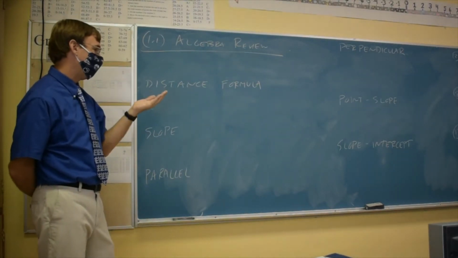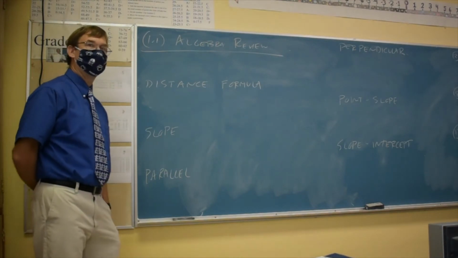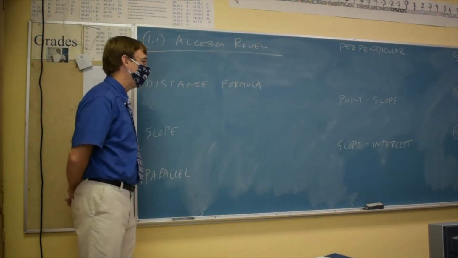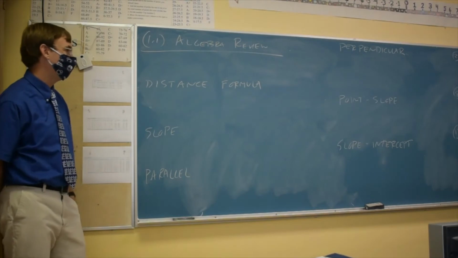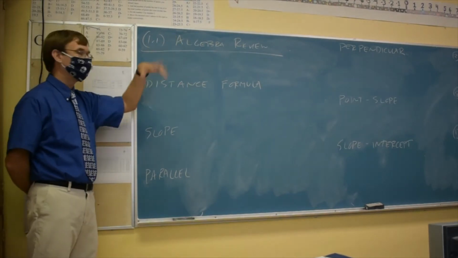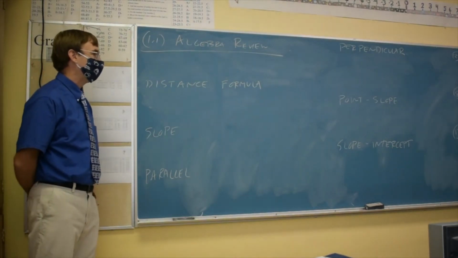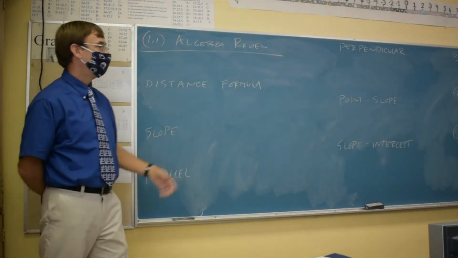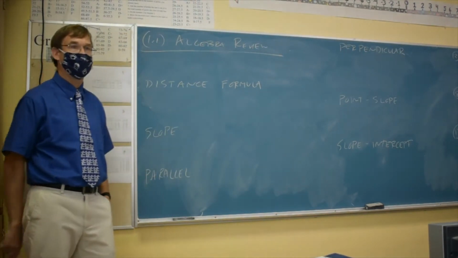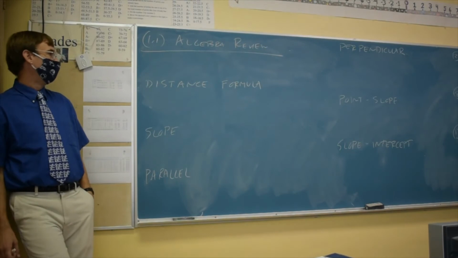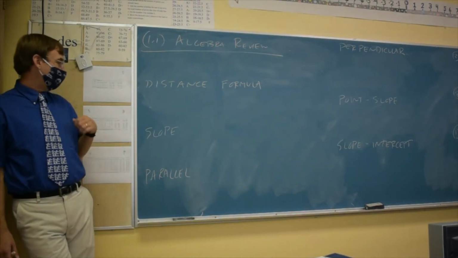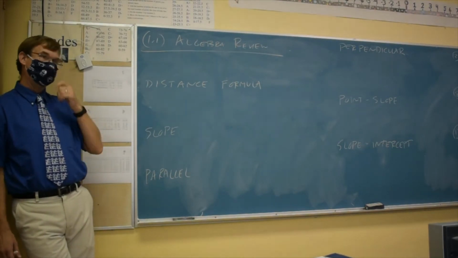I'll take any input I can get from anybody that you can fish out of your algebra brain and write it on the board in any order it occurs to you. Once we've gathered all of our facts, we'll try to tackle some homework-y looking problems. So does anybody remember anything about any of that stuff?